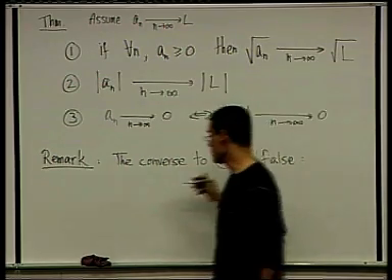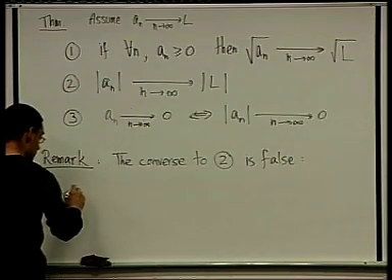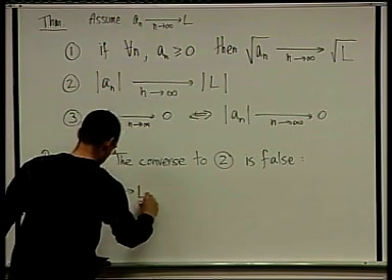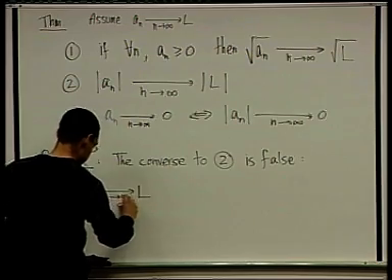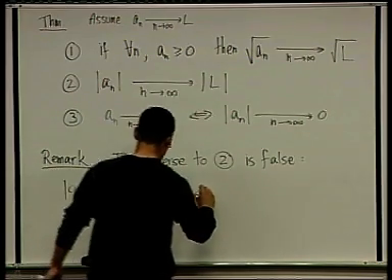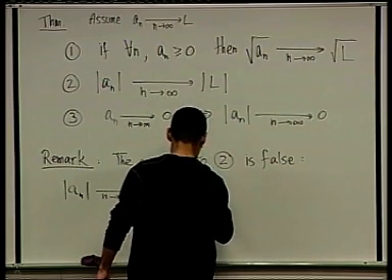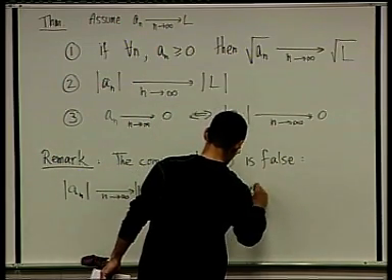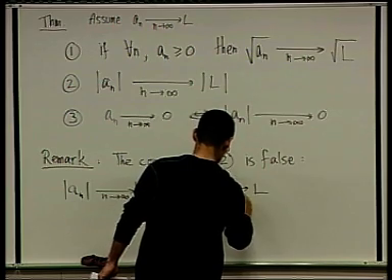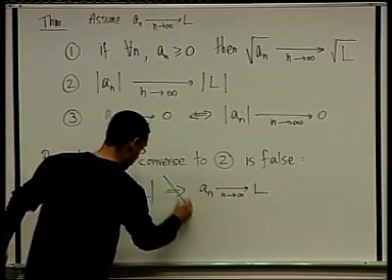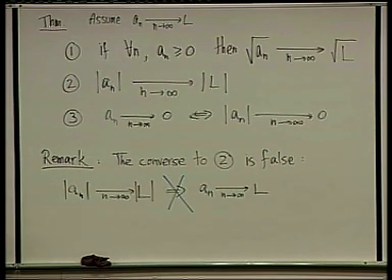The converse would be if a n in absolute value goes to L in absolute value, implies a n goes to L. This would be the converse to number 2, and the remark claims that this is false. This is not a theorem.